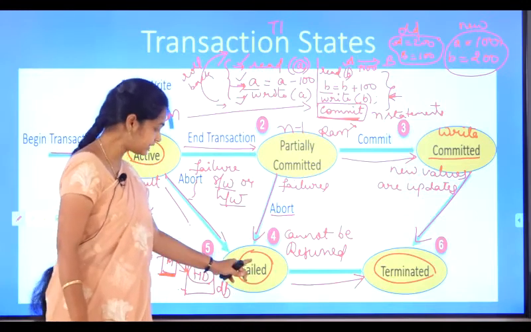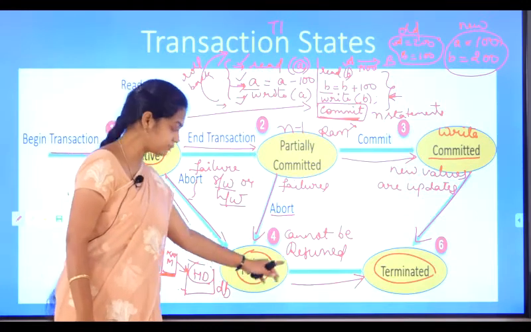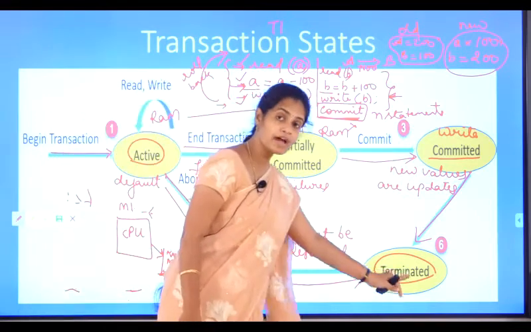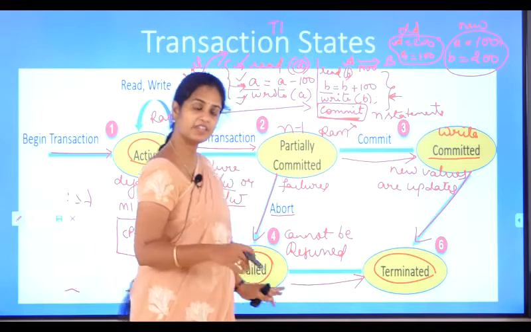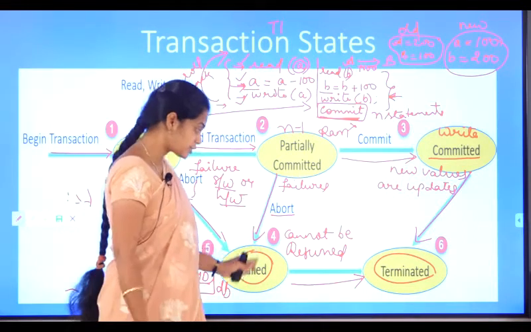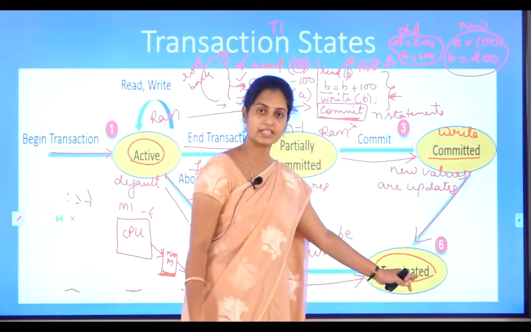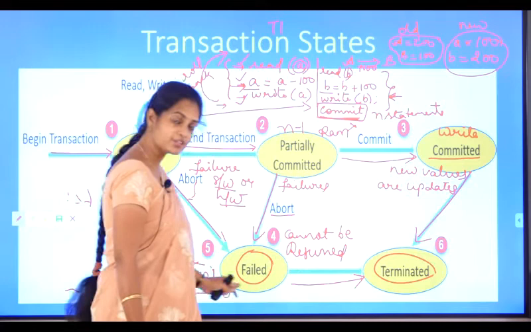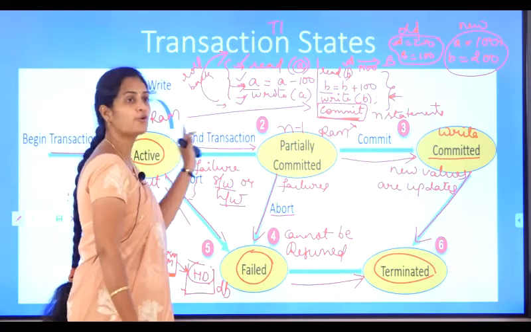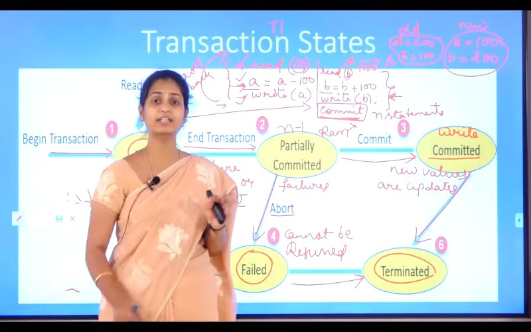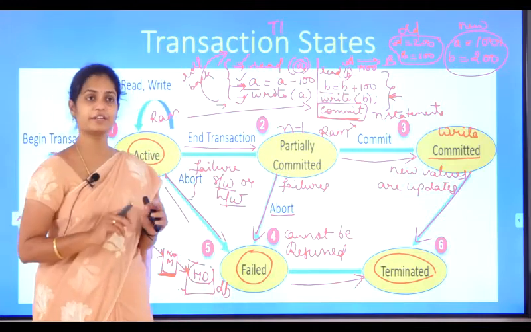After the failed state it will go to the terminated state, because even in the failed state it is holding some resources. So first it has to release all the resources back to the memory and then it has to roll back the transaction. Okay, so this is about the different states of a transaction.